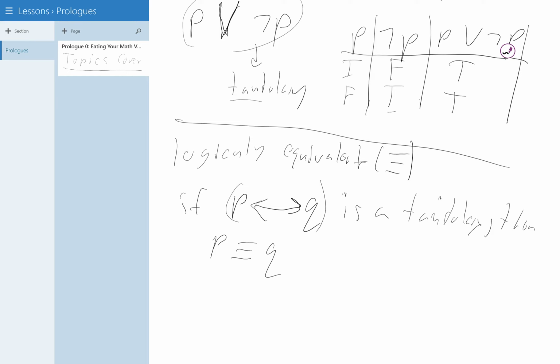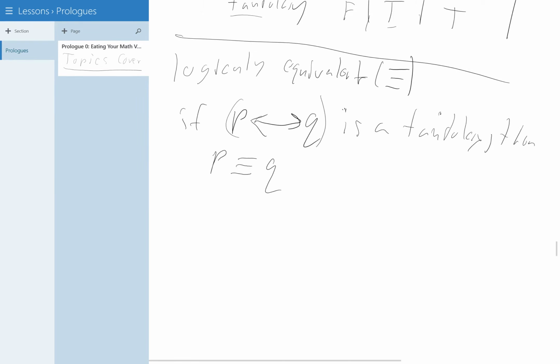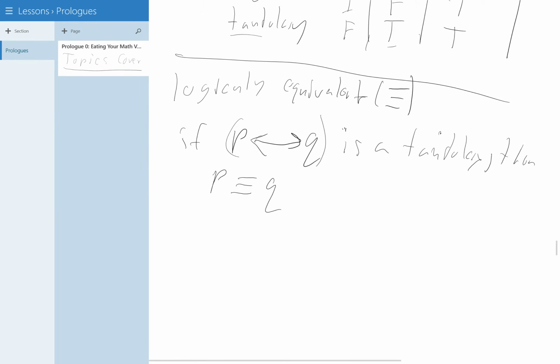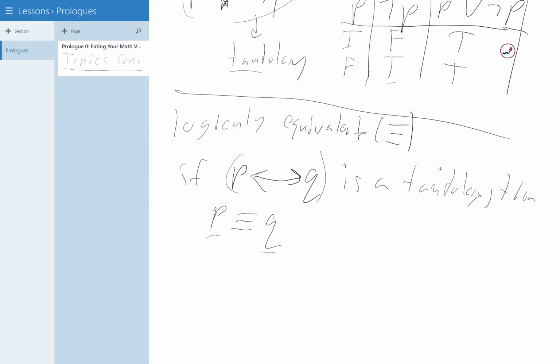What does that mean? Well, we can actually see what this means. Let's say P implies Q, and go back to the truth table. That means these two have the same truth value. We want to prove this.